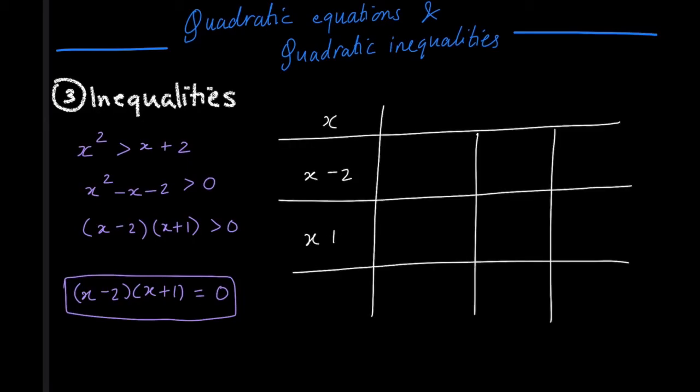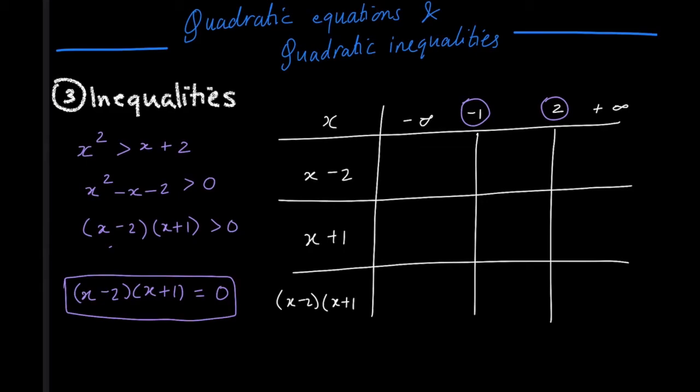This would be x minus 2, x plus 1. And this would be x minus 2 multiplied by x plus 1, right? This would be negative infinity, positive infinity. This would be negative 1 and 2. And the reason this is negative 1 and 2 is because these are the roots that we just found with these 2 brackets.